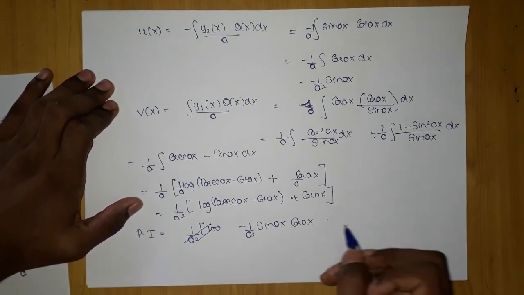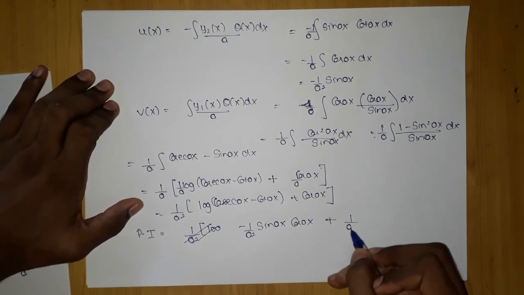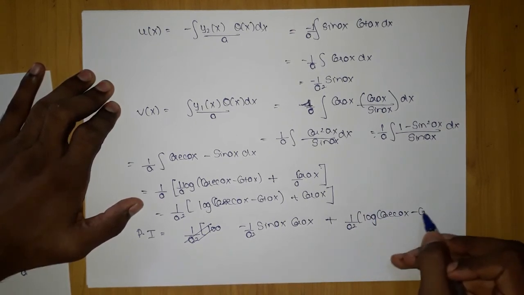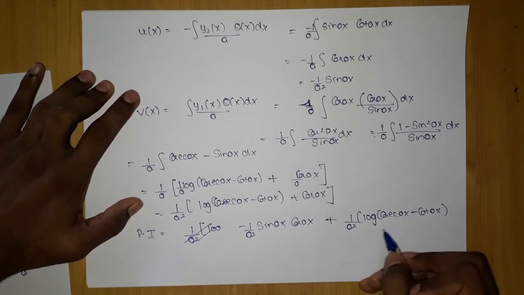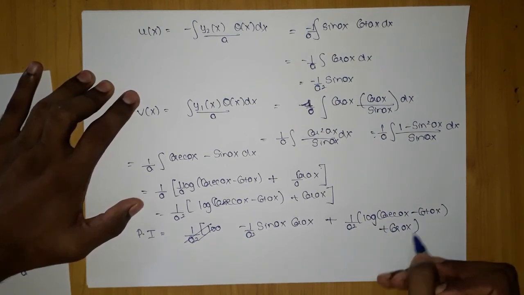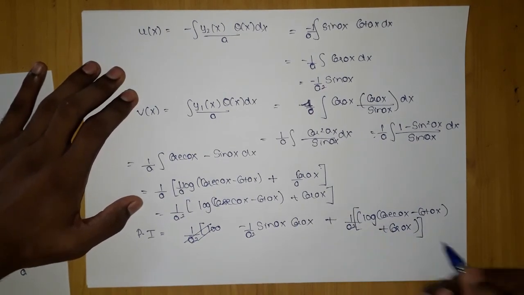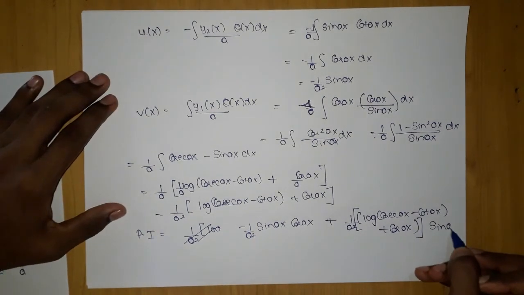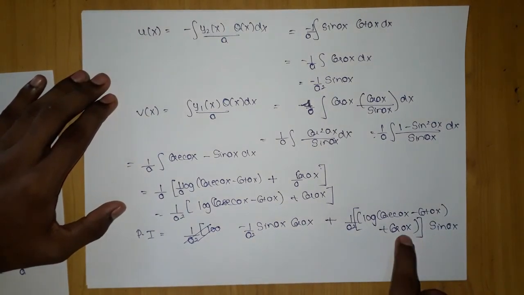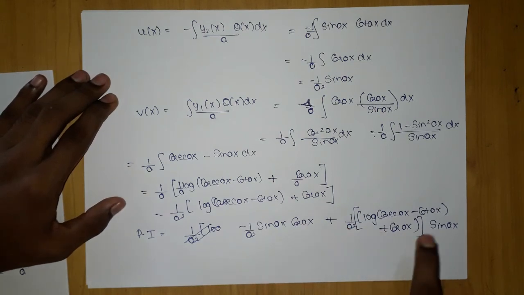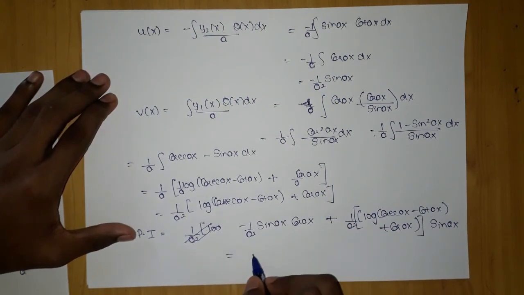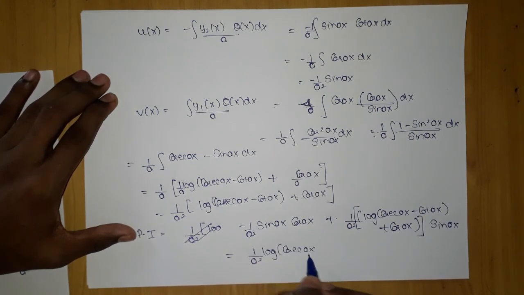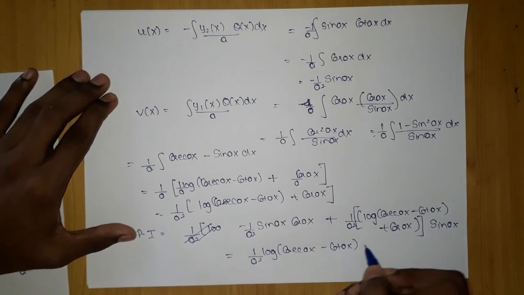Now for y2, it will be v of x, which is 1 by a square into log cosec ax minus cot ax, plus cos ax, into the whole, into y2. y2 is sin ax. Now you can clearly make out that when this is multiplied with this, and here 1 by a multiplies this, this will get cancelled out. So we are left with 1 by a square log cosec ax minus cot ax into sin ax.